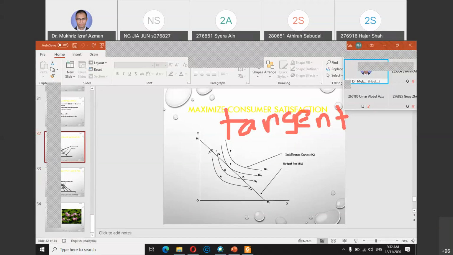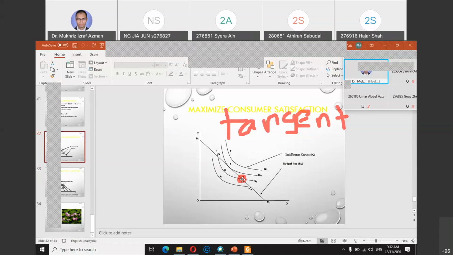Tangent means it does not cross, it only touches one point of your indifference curve. That is what tangent means. Tangent means the budget line only touches the point of your indifference curve. It doesn't cross. So for example, like this point here. This point means the budget line crosses the indifference curve.